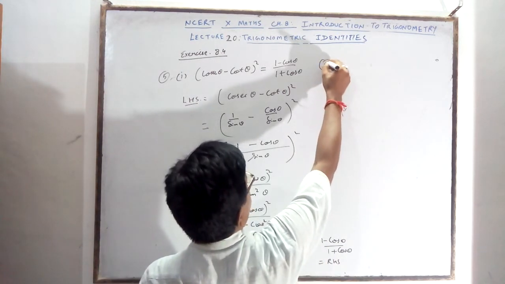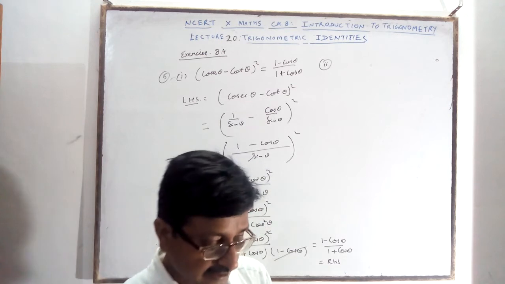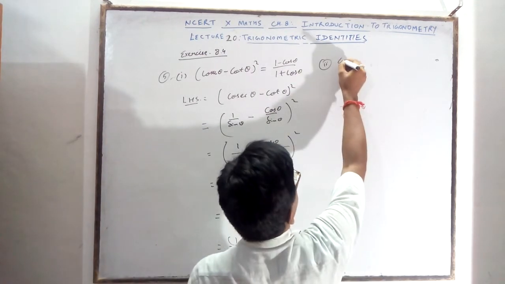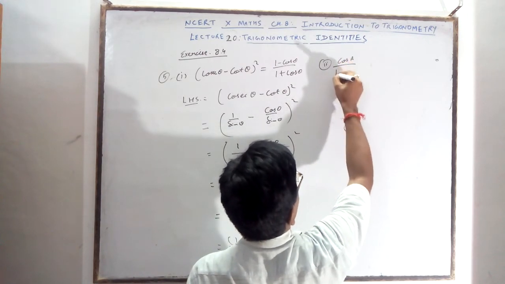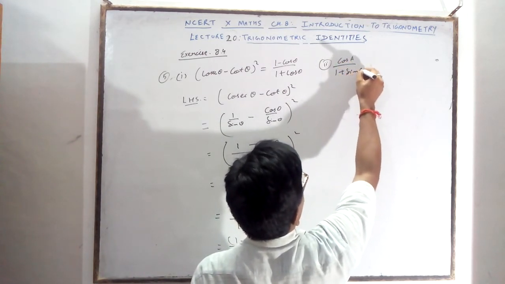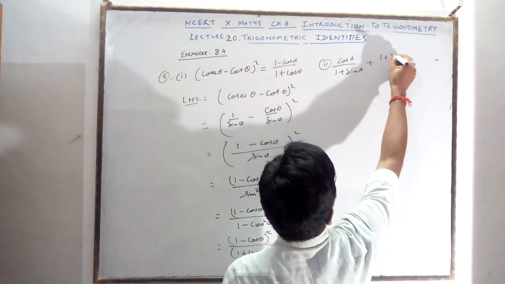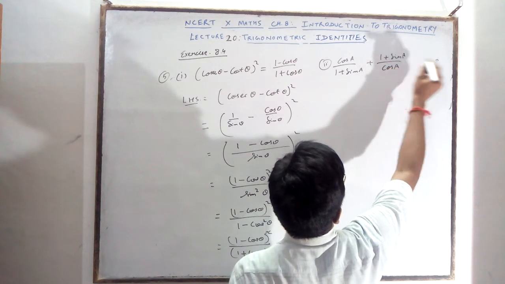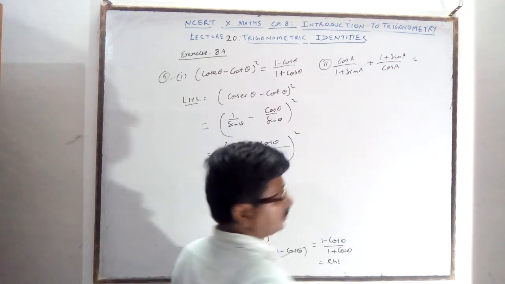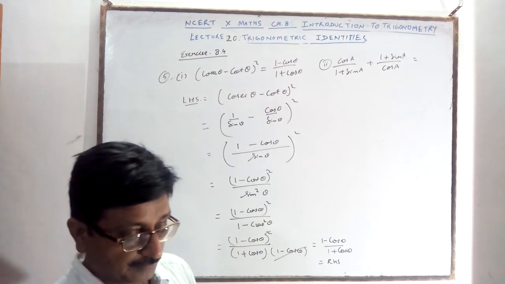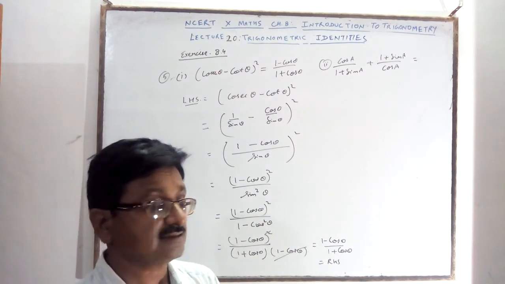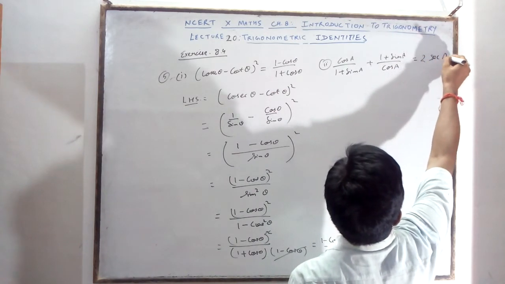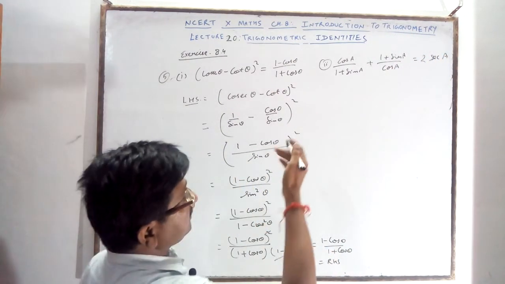Now, the second part of this question. Fifth question, second part. It is given: cos A upon 1 plus sin A plus 1 plus sin A upon cos A is equal to, you apply the rule and get the answer 2 sec A. You want to prove it is 2 sec A. Again you take the LHS.